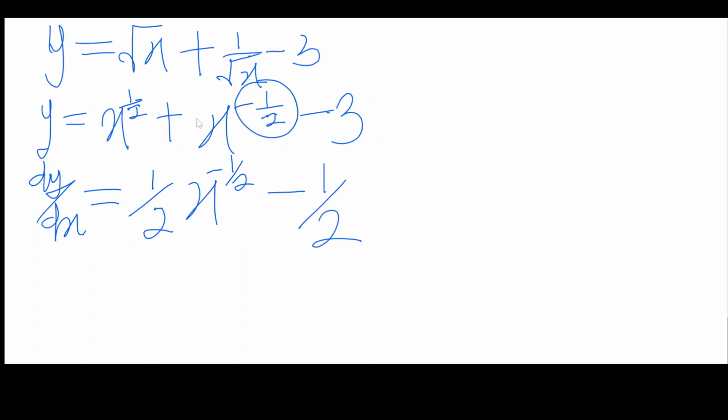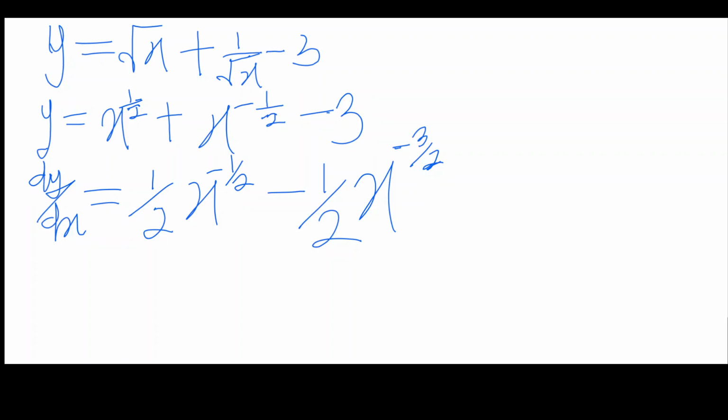So we have minus half, then we have x to the power of minus half minus 1. Now, in this case, minus 1 and minus half is going to give us minus 1 and a half. And minus 1 and a half is negative 3 over 2. So we have negative 3 over 2.